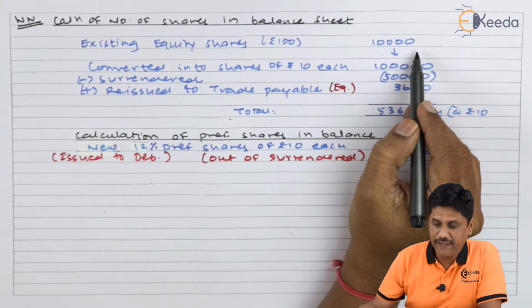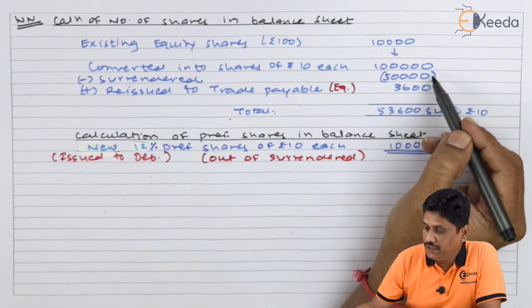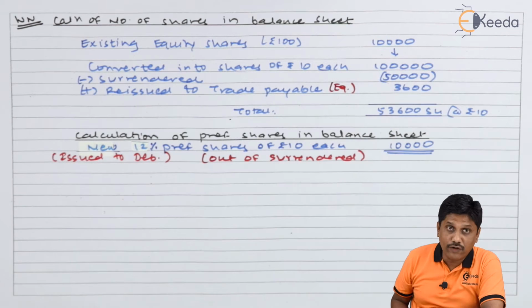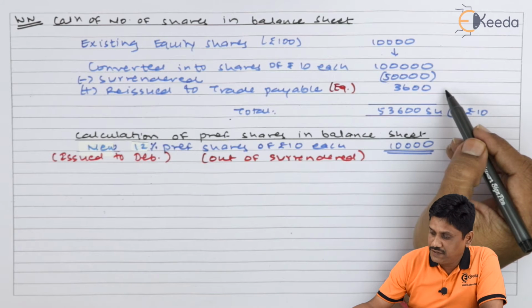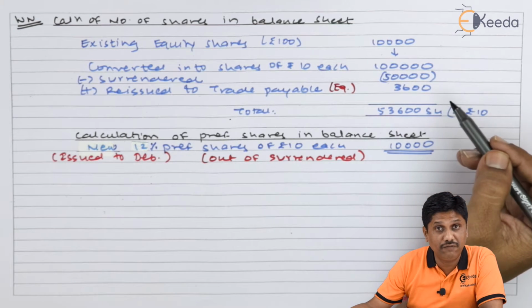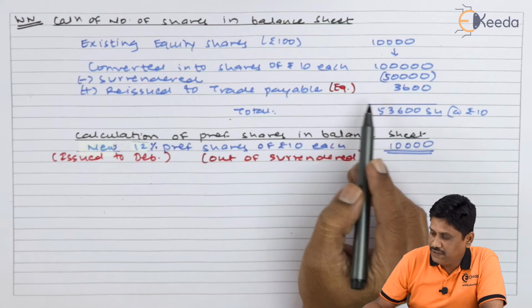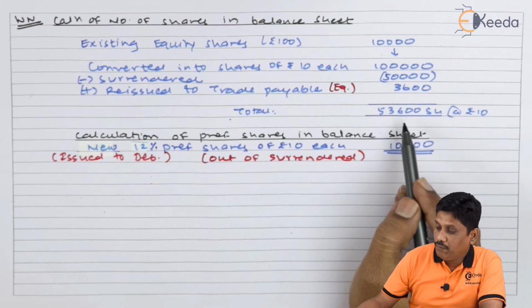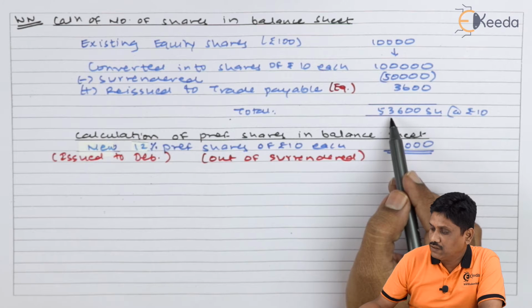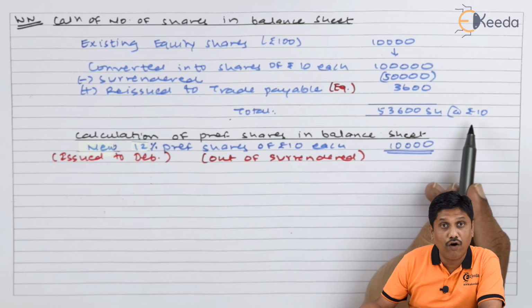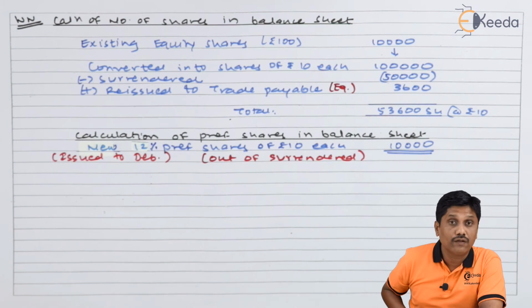Existing equity shares were 10,000 which were converted into 1 lakh shares. Out of those, 50,000 were surrendered and 3,600 were reissued. They were reissued to trade payable and they were reissued as equity shares. In that way, number of equity shares in balance sheet will be 53,600 of rupees 10 each.